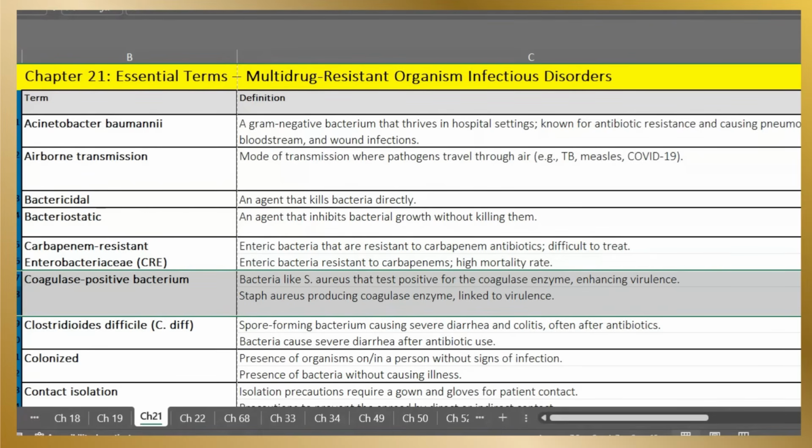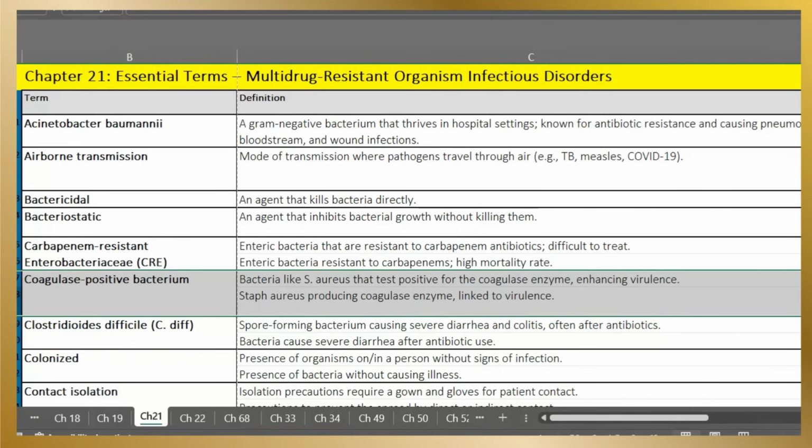Coagulase-positive bacterium, this bacteria is Staphylococcus aureus, the staph that tests positive for the coagulase enzyme. Staph aureus produces the coagulase enzyme, which is linked to virulence.